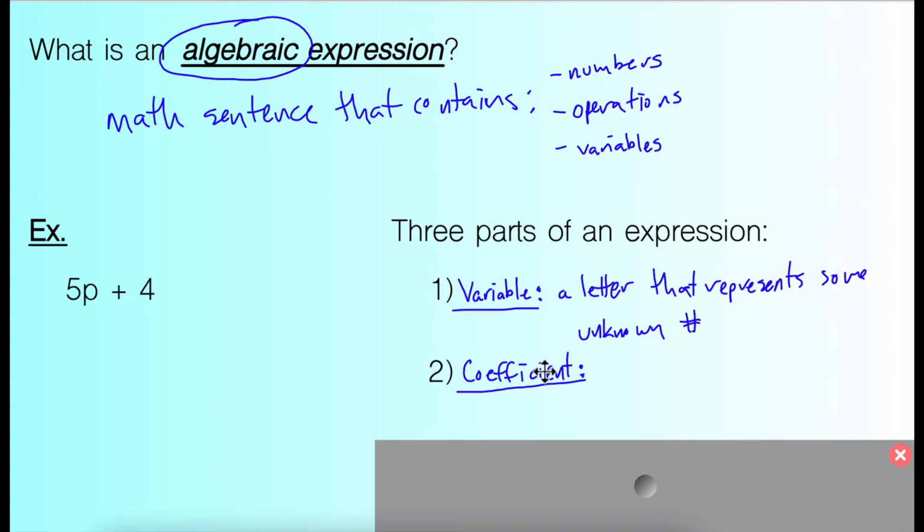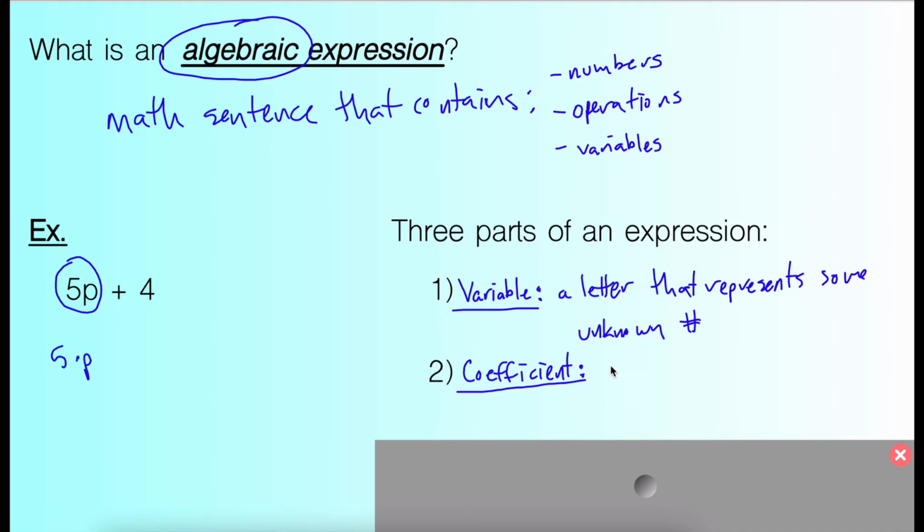A coefficient is the number that is being multiplied by the variable. So right here we've got 5p. That means 5 times p. That's just another way to express multiplication. And the number that's with the variable that's being multiplied by it, 5, that is known as a coefficient.